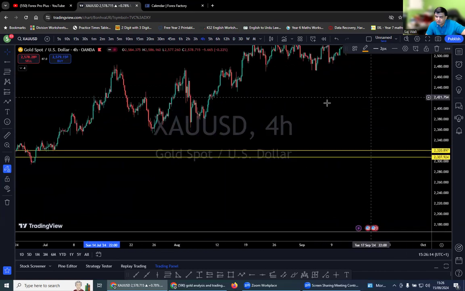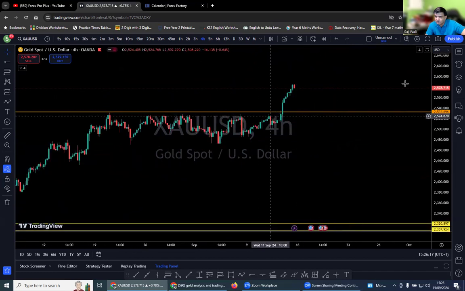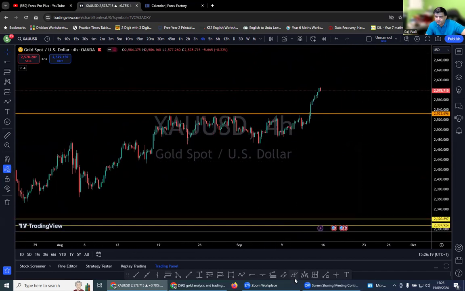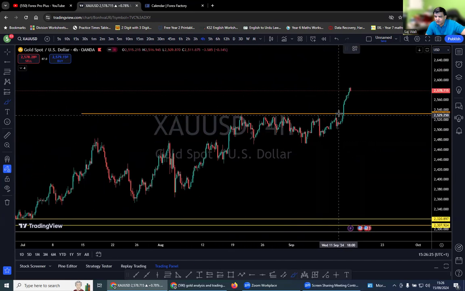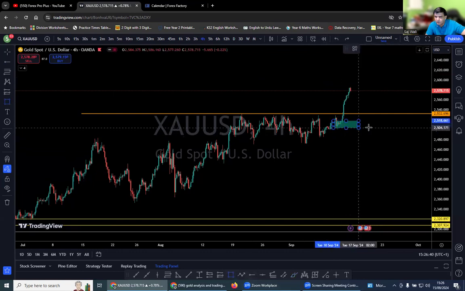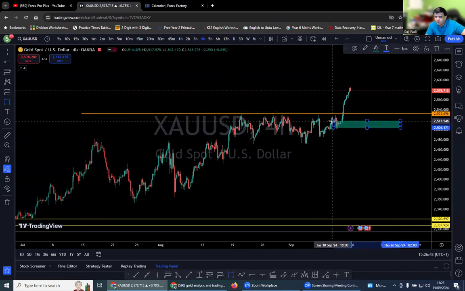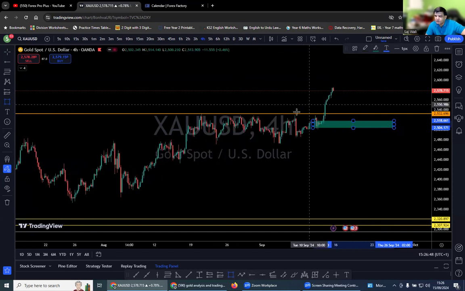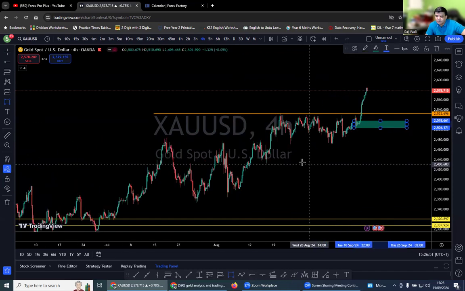If it has to come down, it's a 4-hour level now, and then it has to break this level here, the 25.15 level, to come further to the downside. But let's see how the market will behave. Anyway, these are just the weekly levels.